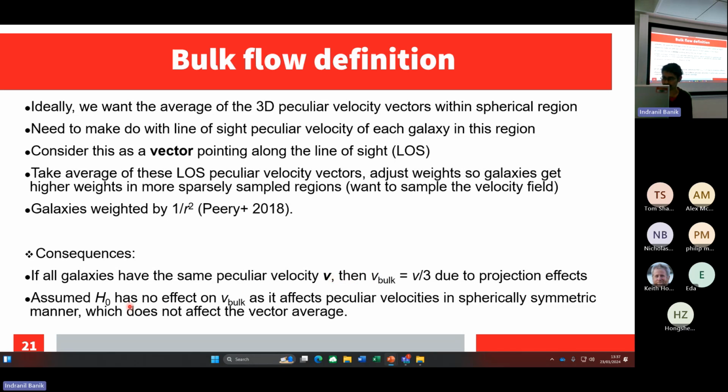Also, another crucial thing to bear in mind is that the assumed Hubble expansion rate has no effect on the bulk flow reported by observers, because even though peculiar velocities require you to subtract the Hubble velocity, and obviously H0 affects that, it does so in a spherically symmetric manner. Therefore, the vector average of all these 3D peculiar velocity vectors is unaffected by the assumed H0.